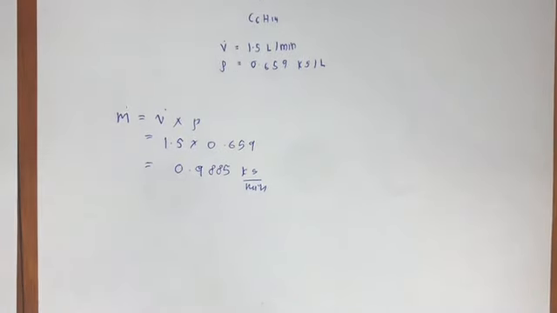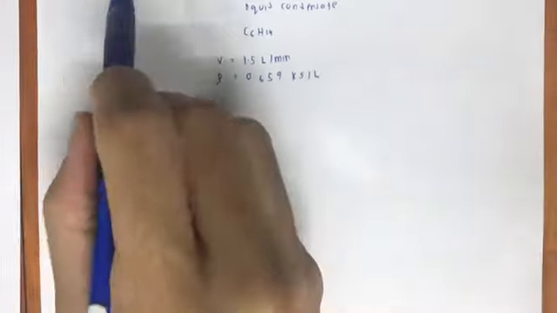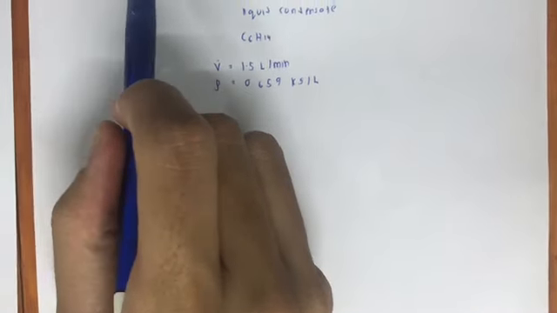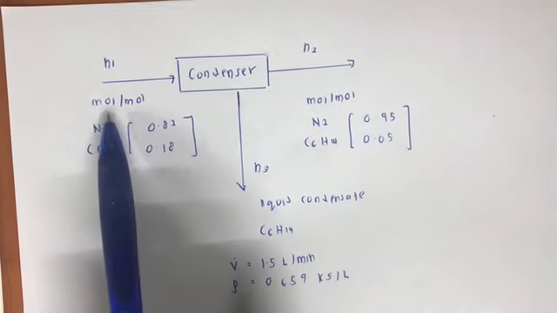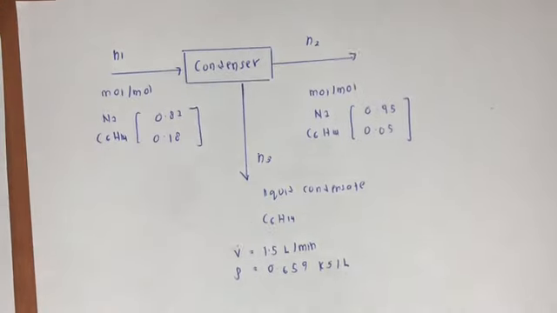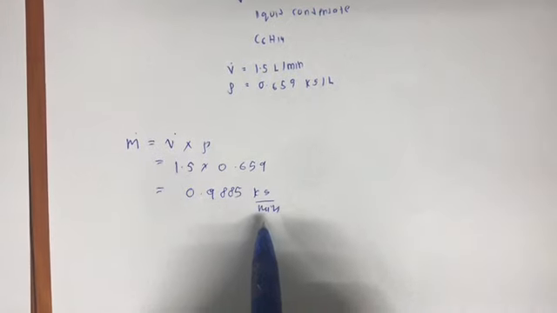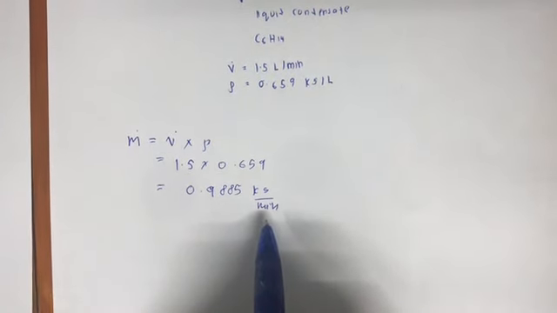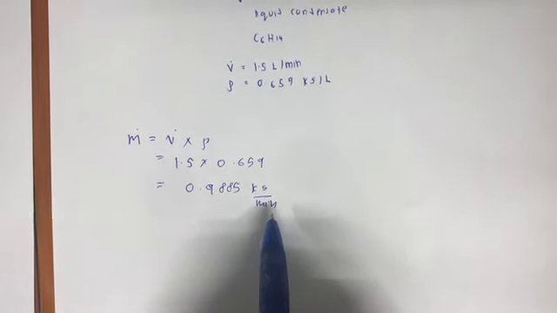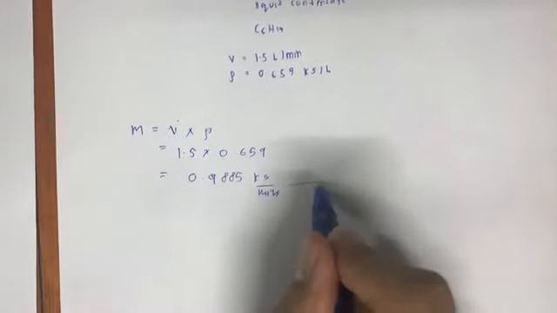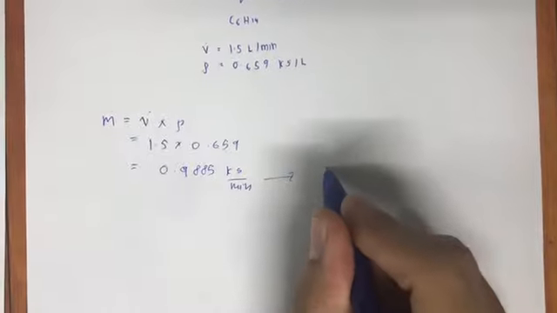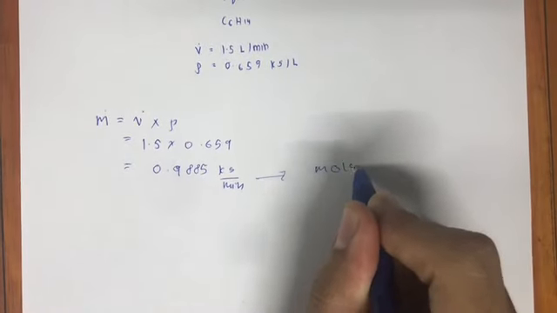So note that in our system, the composition is given in terms of mole percent, which is mole per mole, but in here we have the mass flow rate. So for a better calculation, we must convert this into molar flow rate.